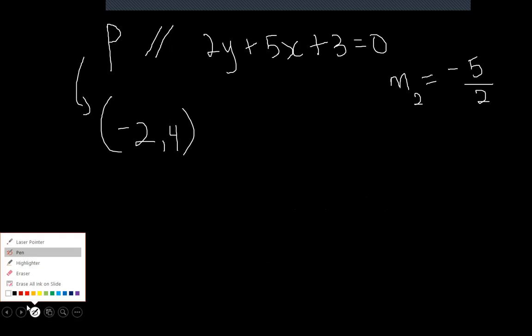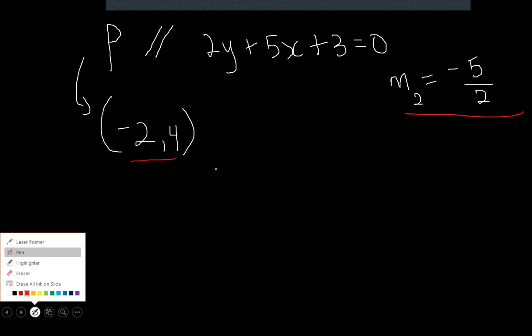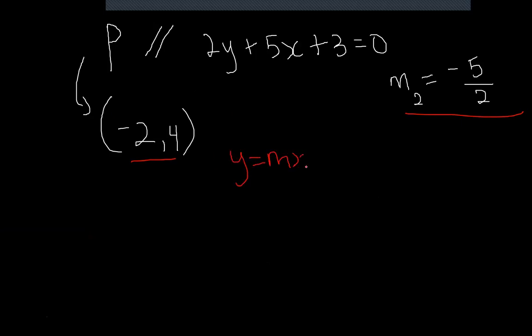And we already know how to find the equation of a line given a point and the gradient. So which method do you want to use, the first one or the second one? Second one, y is equal to mx plus c. Or, well, then the first one.